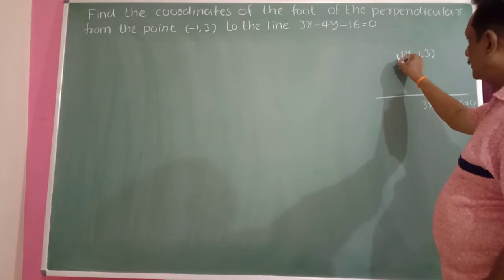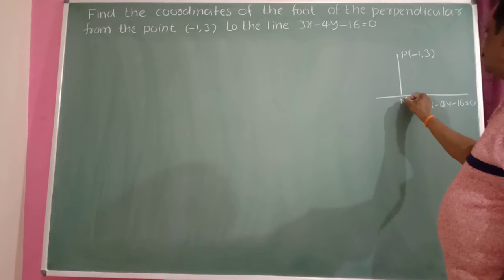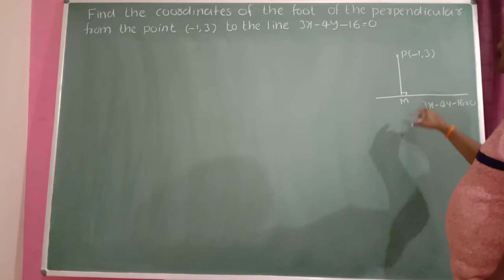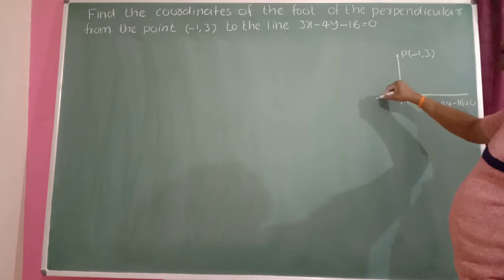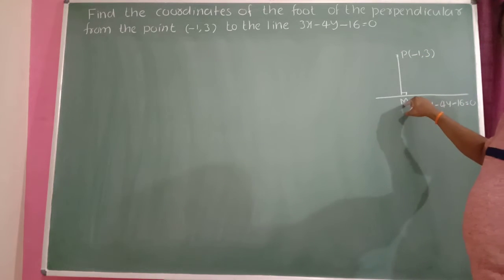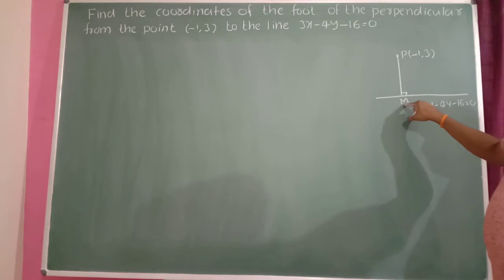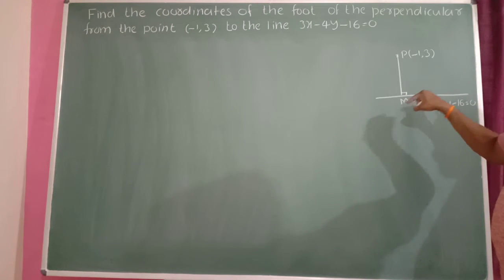Then draw PM perpendicular to this line. This M is called the foot of the perpendicular from point P to this line. So find the coordinates of point M.